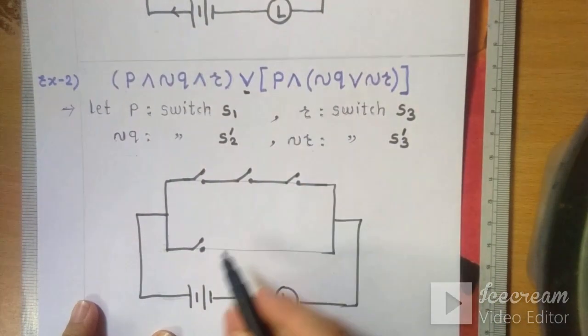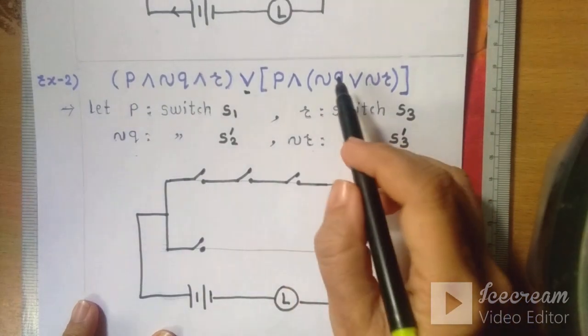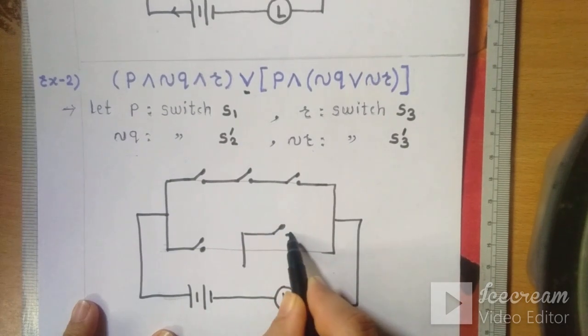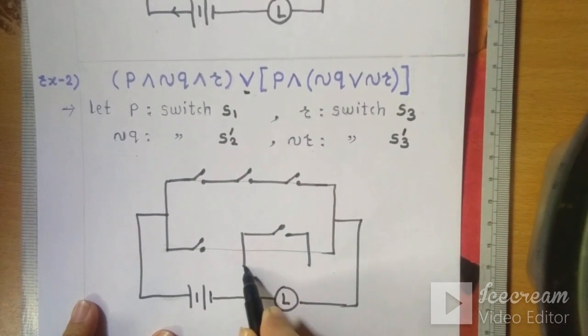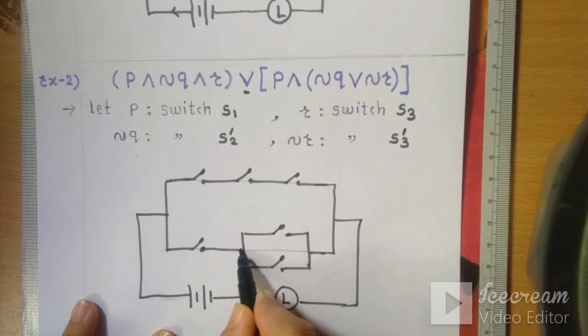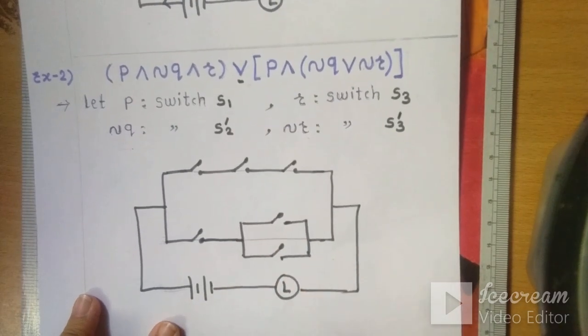Now in that line there are two switches in disjunction. So again I will draw like this, two switches in parallel, disjunction means parallel, and this switch is in series with this parallel combination.